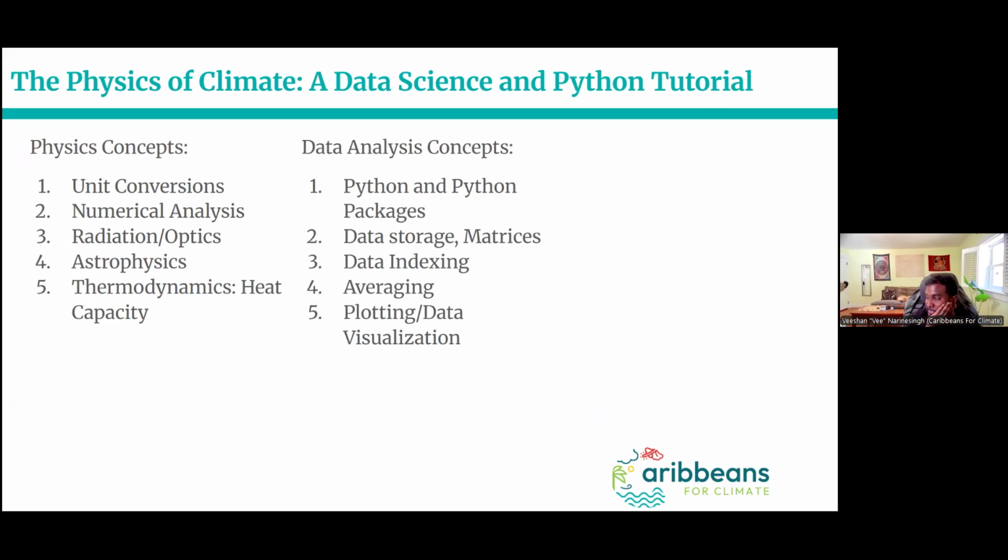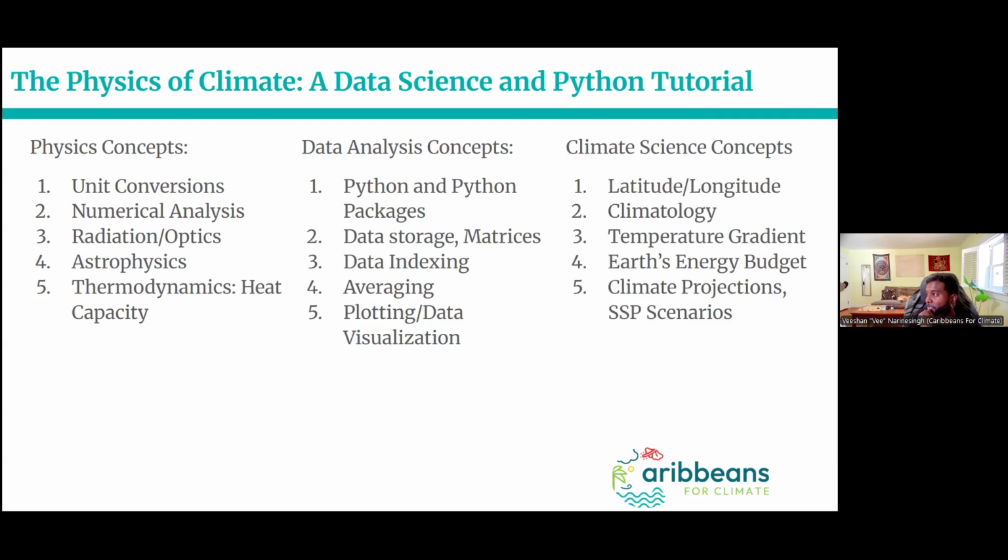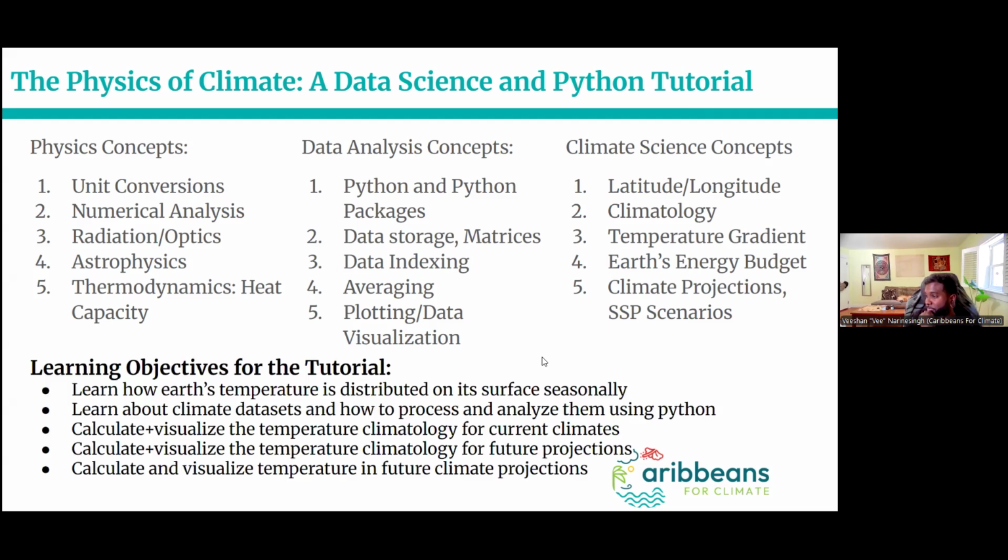But there are also going to be some data science concepts that we're going to cover: Python and Python packages, data storage and matrices, data indexing, averaging, and then plotting and data visualization. And in terms of climate science jargon, we're going to go over latitude and longitude, climatology, what a temperature gradient is, Earth's energy budget, and the different climate projections, SSP scenarios.